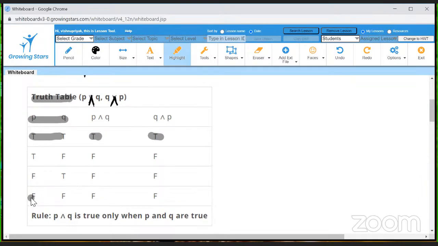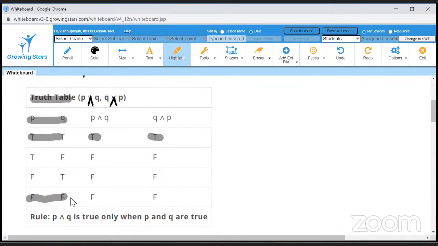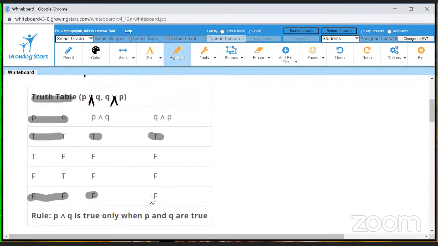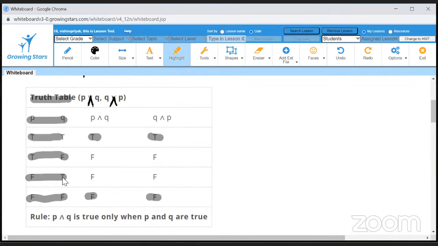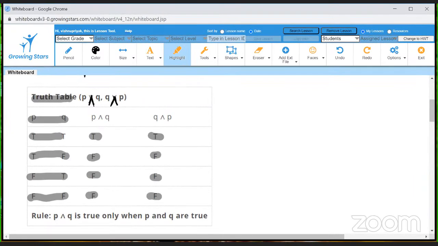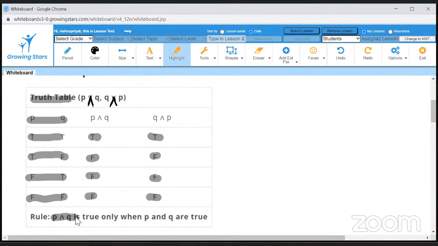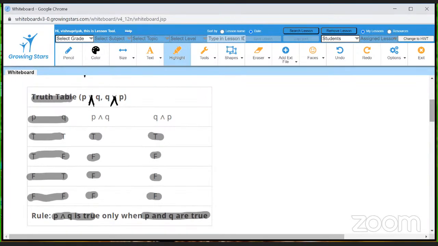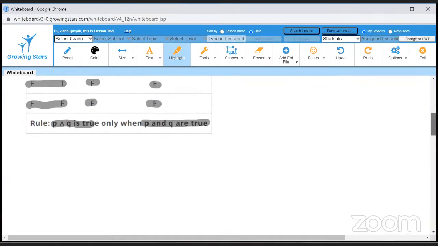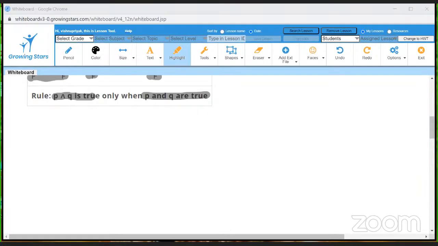If both P, Q are false, P and Q will be false, Q and P will be false. If one is true and one is false, then both P and Q, Q and P will be false. So one thing you have to remember is P and Q is true only when P and Q are both true. This is the way to remember this truth table.